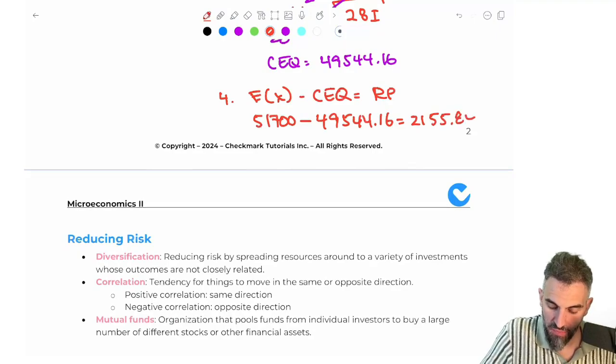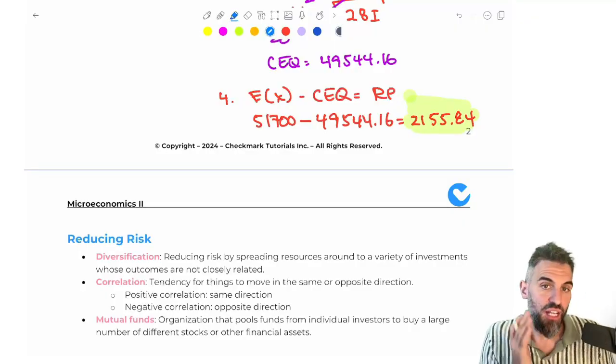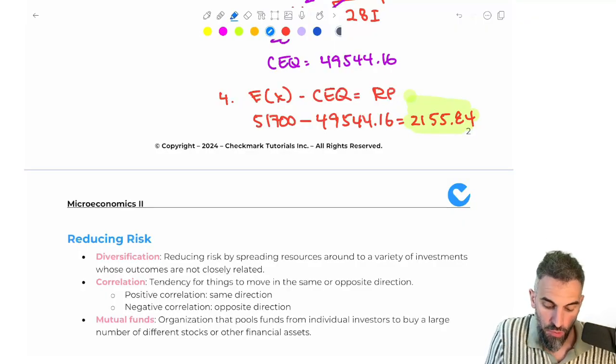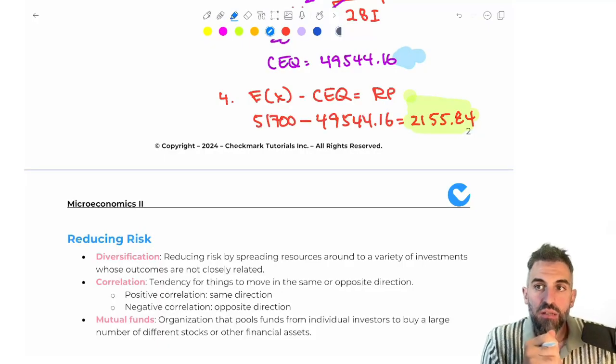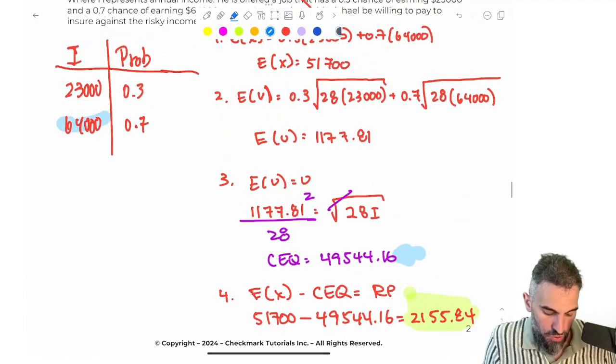He would be willing to take $2,155 less if he can have it guaranteed. So he would be willing to take this much money guaranteed and be just as happy as taking the risk of maybe getting paid more, but also maybe getting paid less.